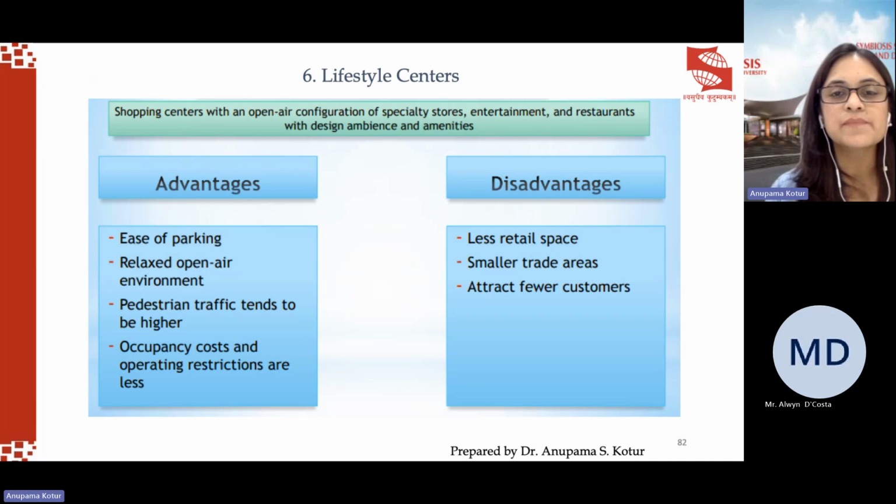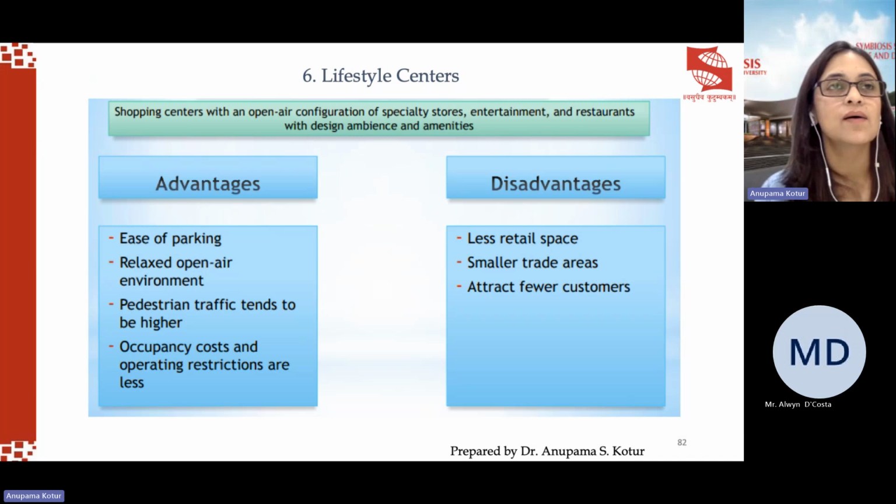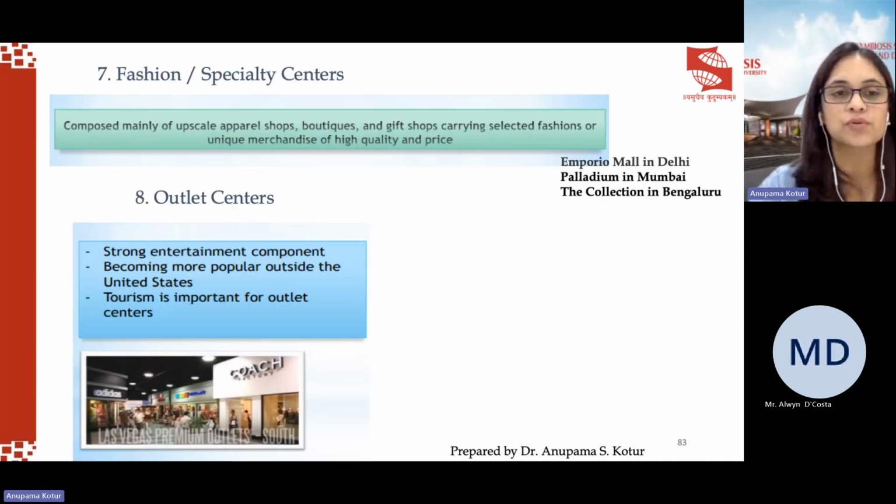And then, of course, there are lifestyle centers. Lifestyle centers are very theme based. For example, if you were to look at some of the high-end luxury malls that we have in Bangalore, Delhi, Mumbai, for example, the Palladium in Mumbai, etc., or DLF in Delhi, right? You will find that specific kinds of brands typically tend to have stores over there.